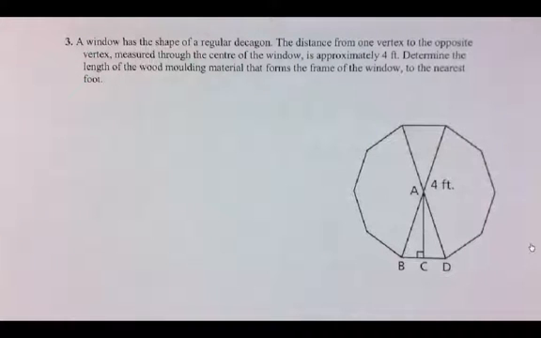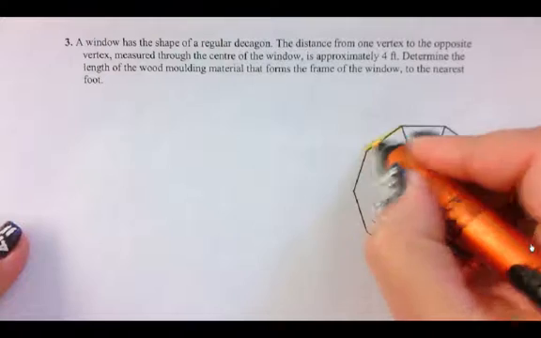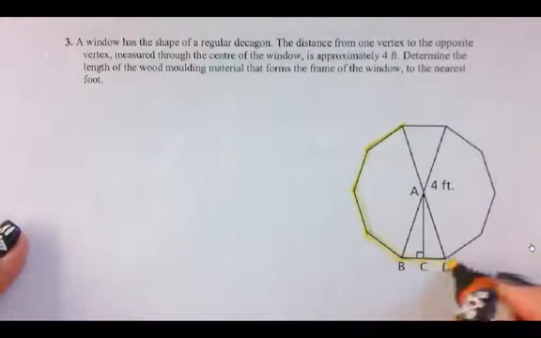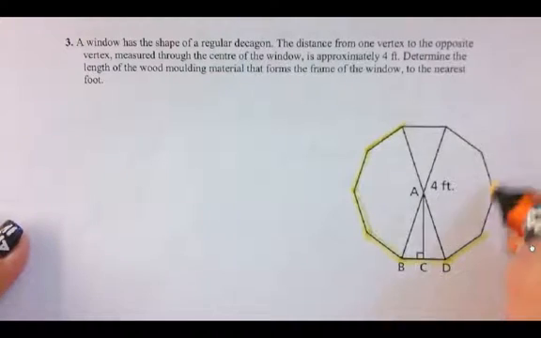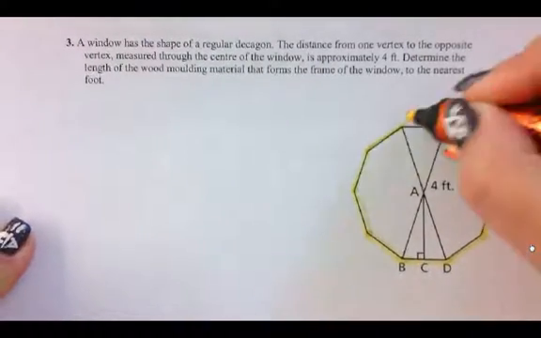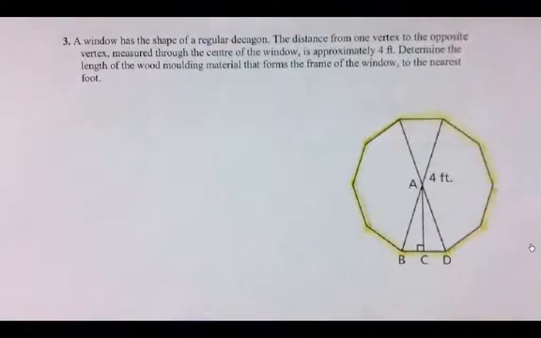So what's the approach here? You kind of have to break it up into triangles and then figure out what this molding is. So this is what we're trying to figure out, that total distance there.